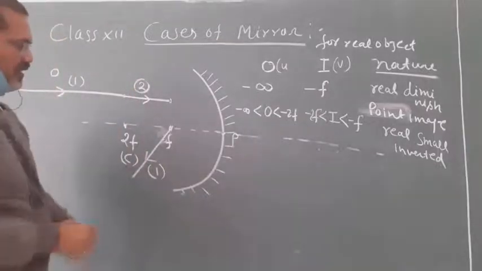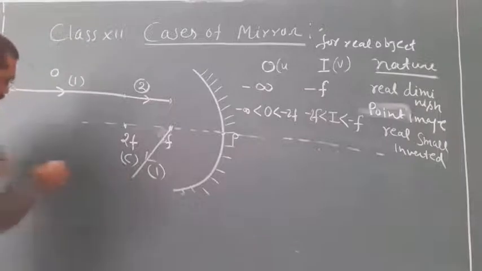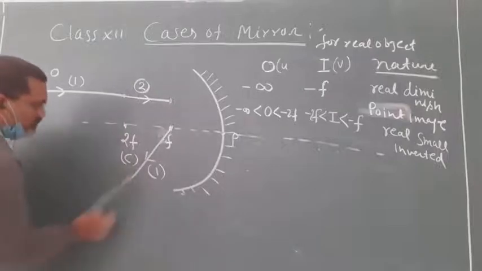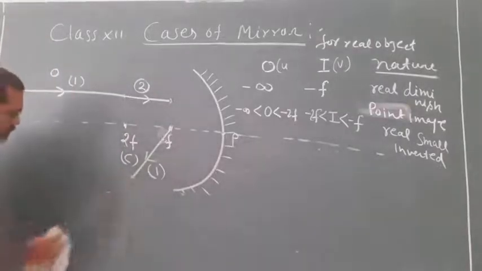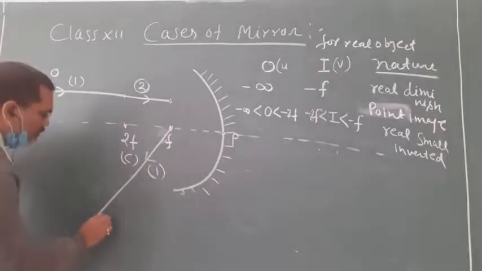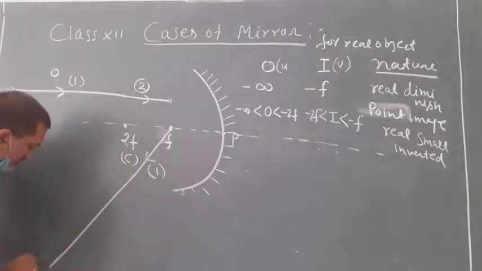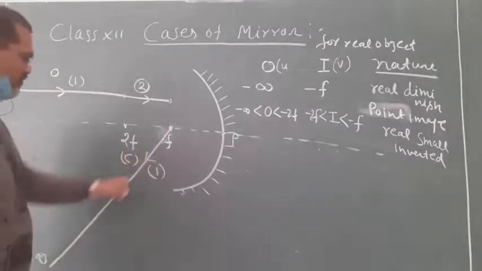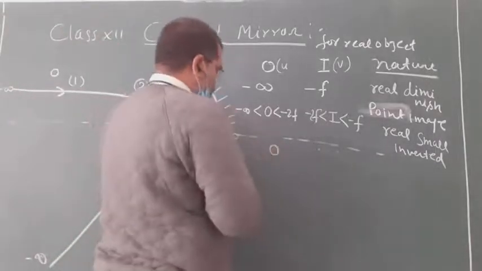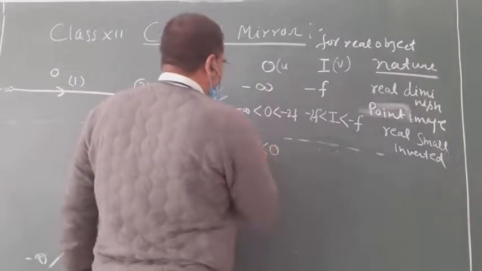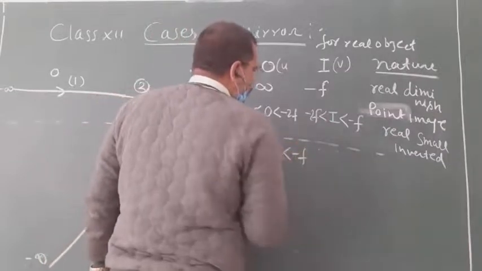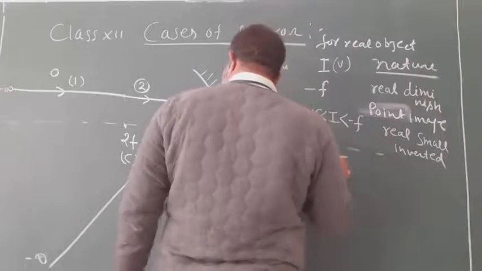Object goes from 2f to f, image will go from 2f to infinity.